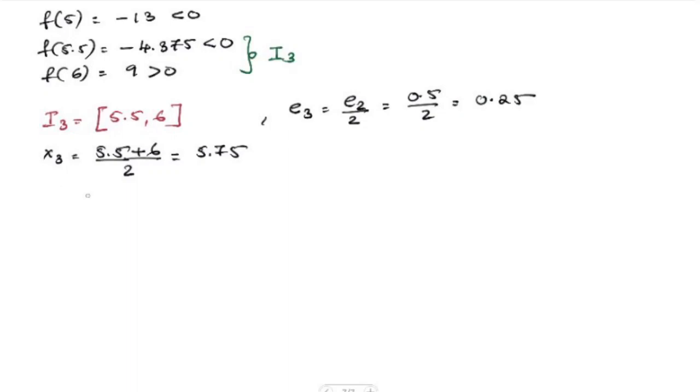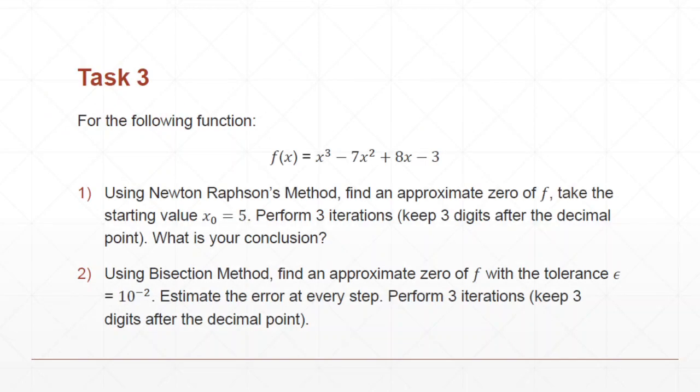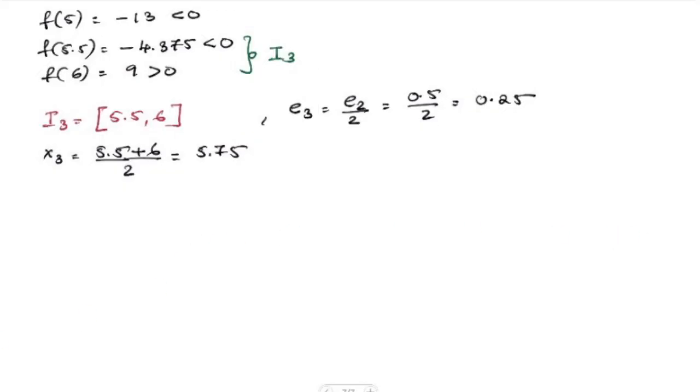Then we could again do all of those above, f of 5.5, f of 5.75 and f of 6, but the question says to only work until 3 iterations. So at the third iteration, the value of x is our answer, which we already got. So the zero of the function is approximately equal to 5.75 here.